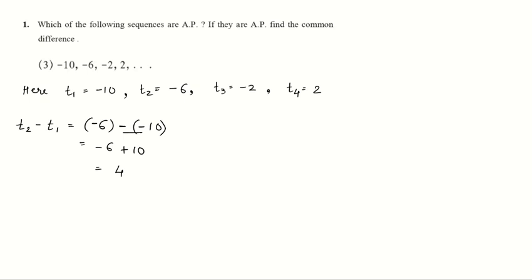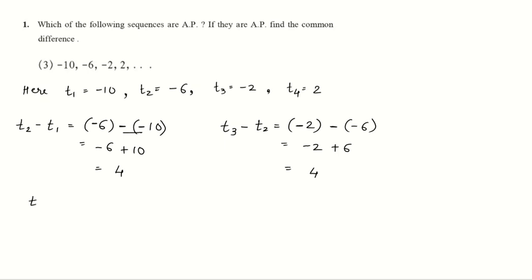In the same way, we will find T3 minus T2, which is T3, minus 2, minus T2, minus 6, again minus into minus will be plus 6. So minus 2 plus 6, 6 minus 2 is 4, sign of the bigger number is plus 4.